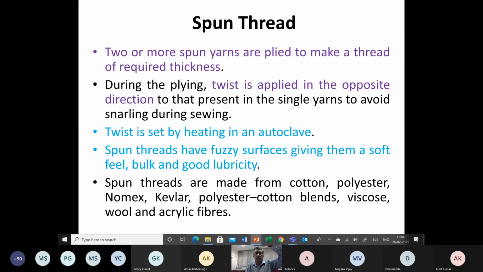Can you see the yarn? Yes, sir. Now the moment I make it loose, what is happening? Two yarns joined together in the opposite direction, right? Can you see the yarn is twisted together?